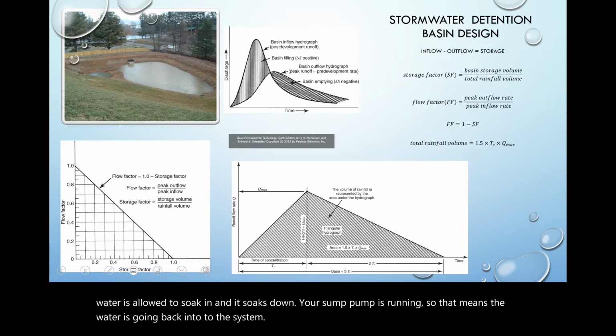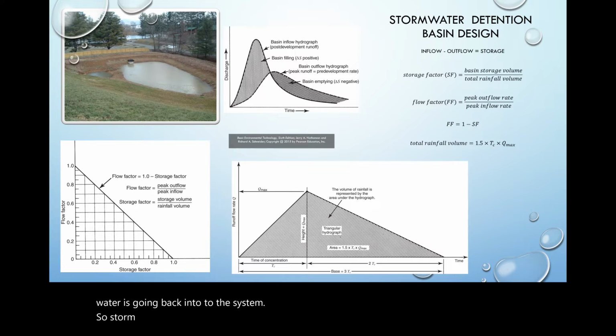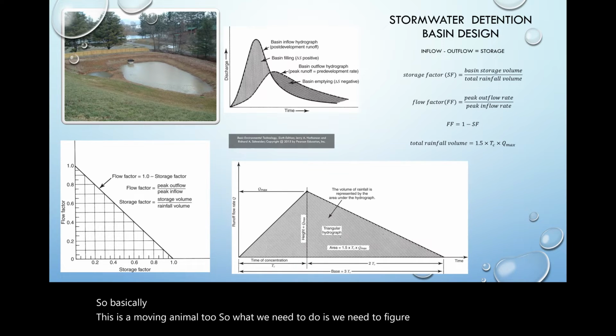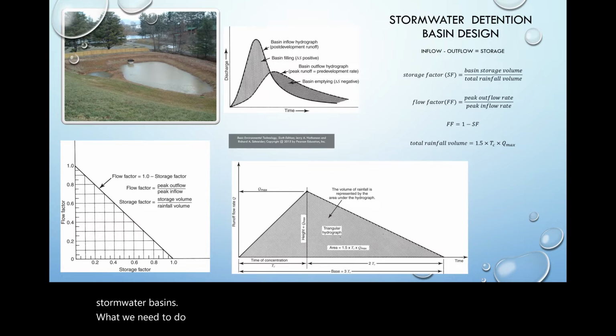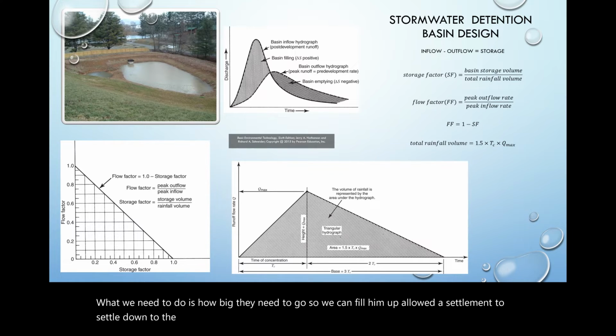So stormwater detention basin design. This is a moving animal too. What we need to do is figure out how big these stormwater basins need to go so we can fill them up, allow the sediment to settle down to the bottom, and allow clean discharge to come through.